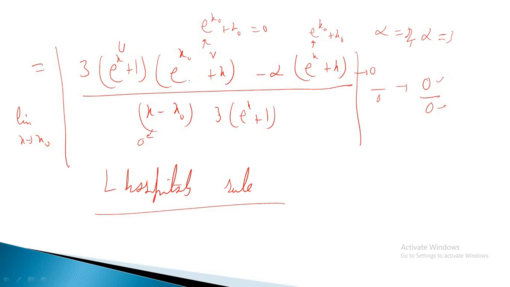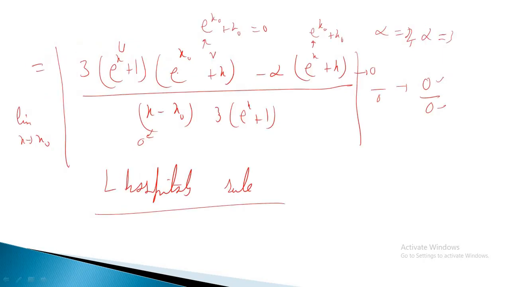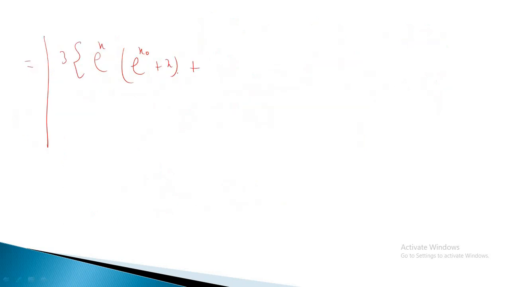We know e raised to x naught is a real number, let us say x naught is 3 or 4, so it will be e raised to 3, e raised to 4, some number. Its differentiation will be 0. We remain with x, the differentiation of x is 1, so the differentiation of v will be 1. So it will be 1 times, keeping u the same, e raised to x plus 1.